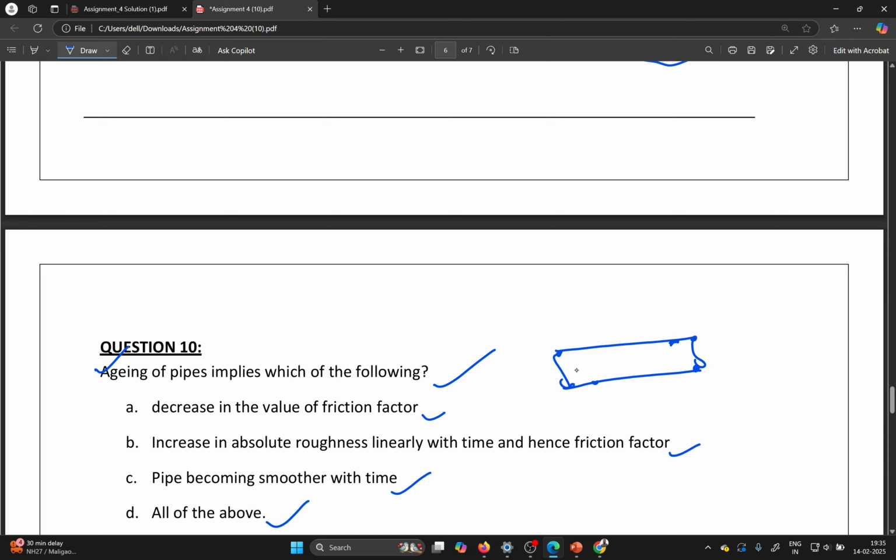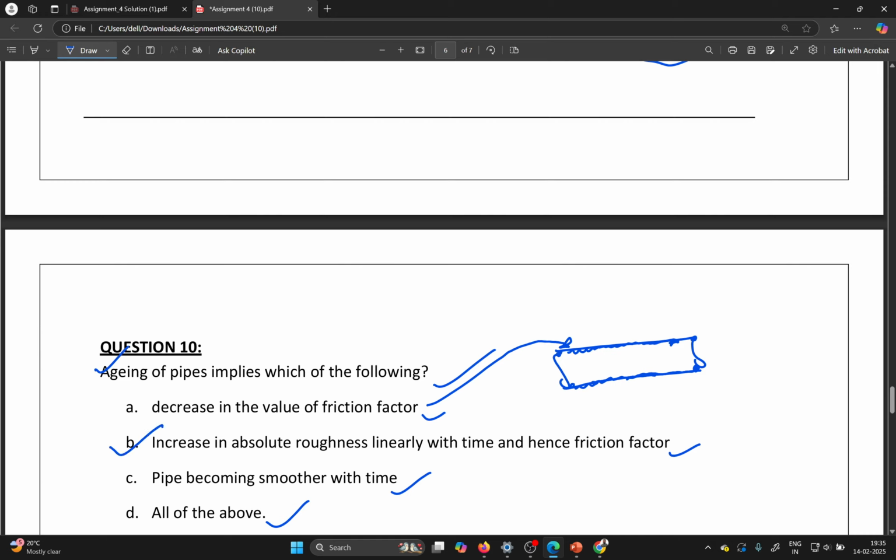So what will happen, the roughness will increase throughout your pipe. As roughness increases, you know the friction factor depends on your pipe roughness, so definitely your friction factor will increase.